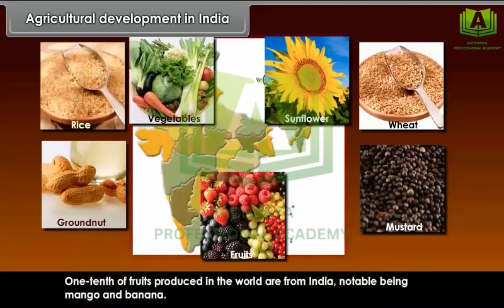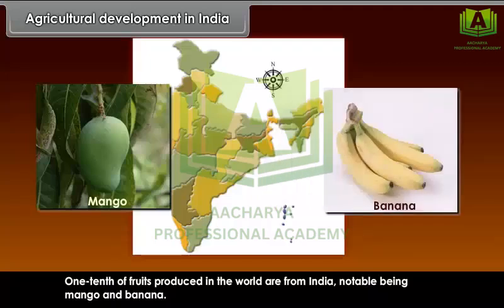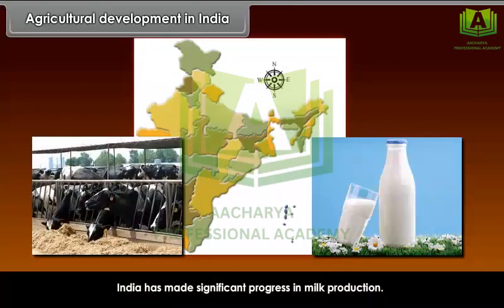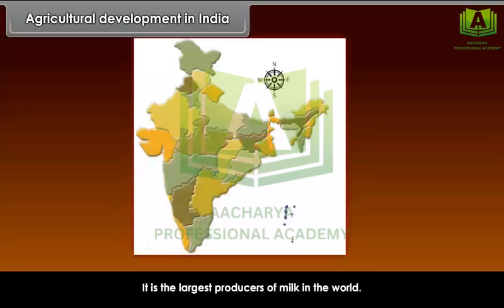One-tenth of fruits produced in the world are from India, notable being mango and banana. India has made significant progress in milk production. It is the largest producer of milk in the world.